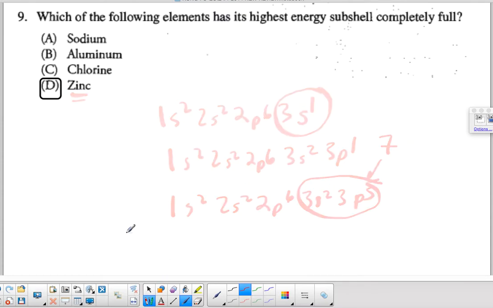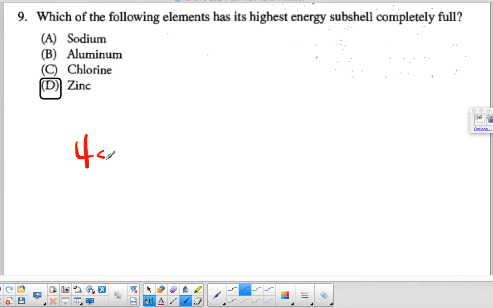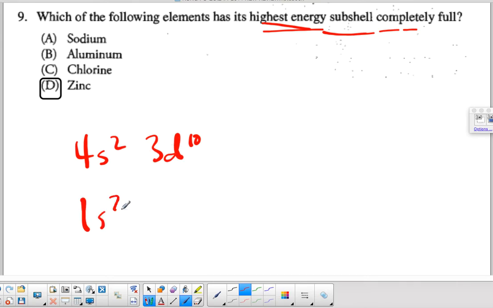When we go to write the electron configuration for zinc, the last line is going to be 4s2, 3d10, and then if you notice there, its highest energy sublevel is completely full. Why is zinc completely full? Because if you think about it like this, when you go to do it by energy level, like to remove electrons when it ionizes, you do it in order energy level first.